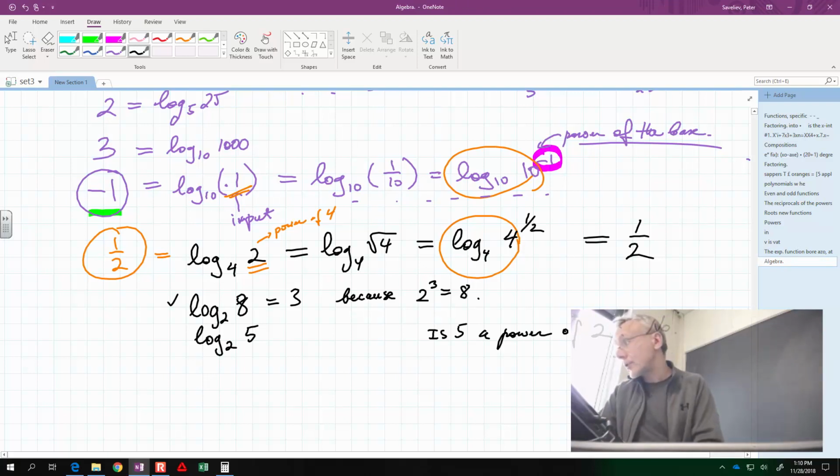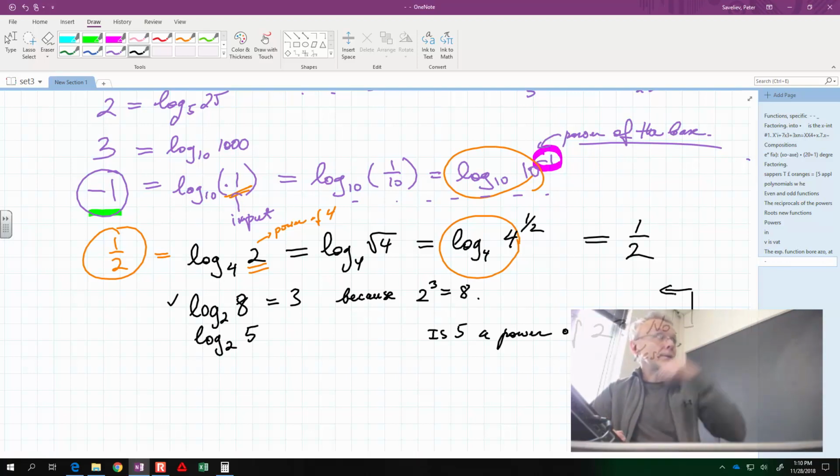So the answer is no. But it's also a yes. So no, not in the sense as above, because there we were able to find the power, and we ended up with an integer, a negative integer, or even a fraction, like 1/2 over there. So sometimes we simply cannot see what that power is, and that is why the answer is no. But the answer is yes, though the answer is kind of silly.